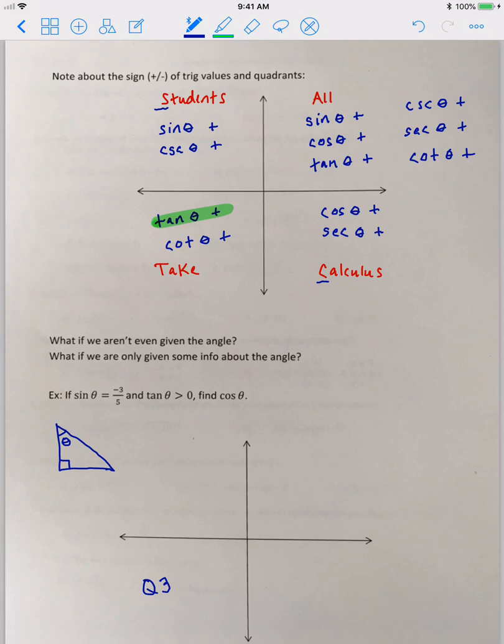And remember, sine is supposed to be the side opposite over the hypotenuse. And they told us that the side opposite then should be -3, and that the hypotenuse should be 5.